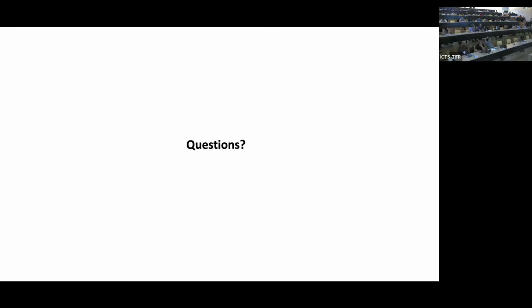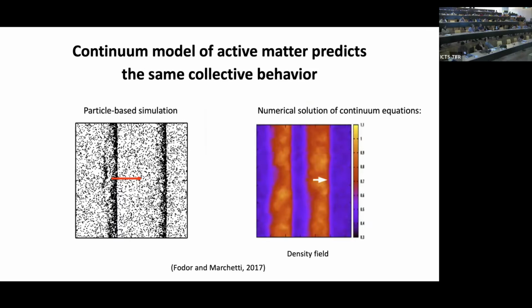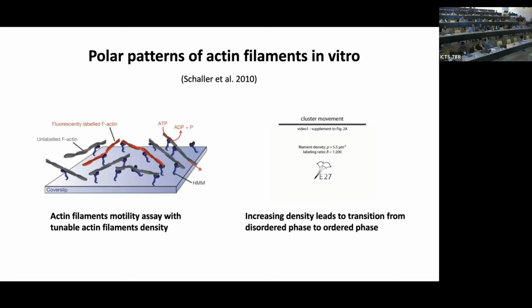Yeah, we have a question here. Go ahead. Hi. In the motility assay video that you showed of the actin polymers, it seemed like as you kept increasing the density, in the beginning phases they tended to cluster together, and later they filled the entire field.